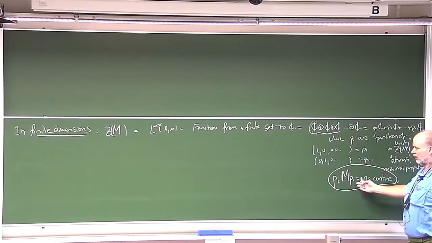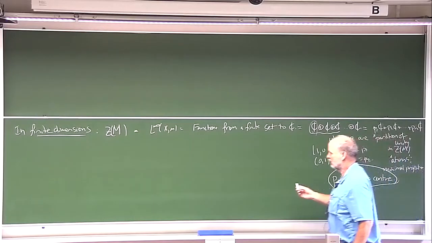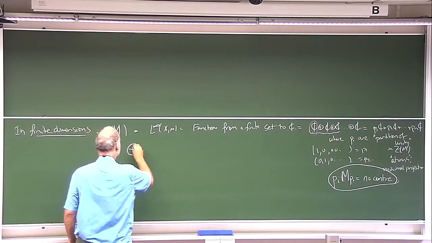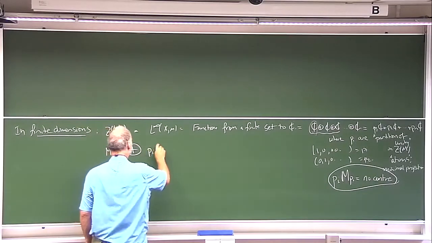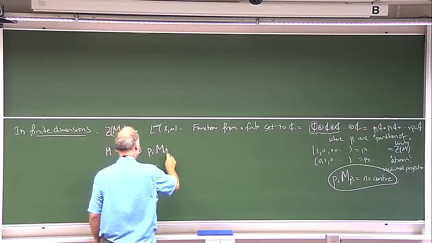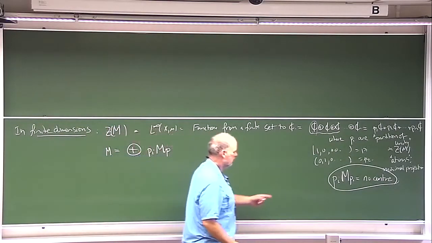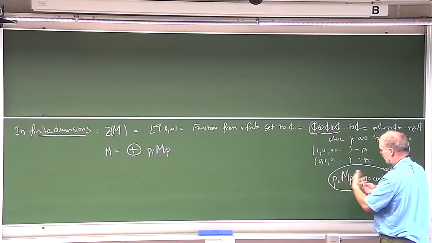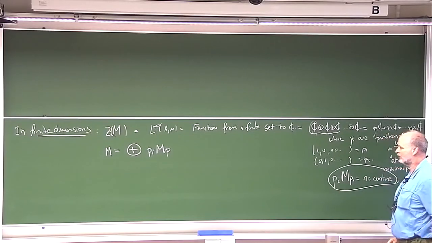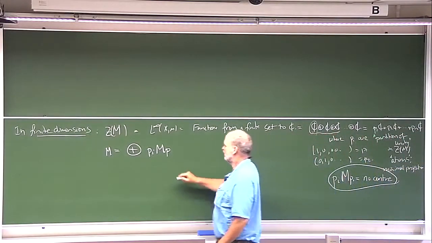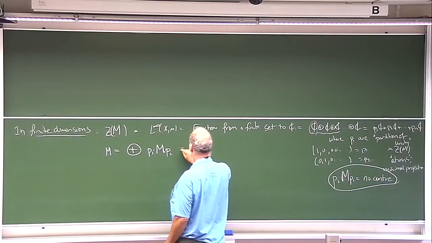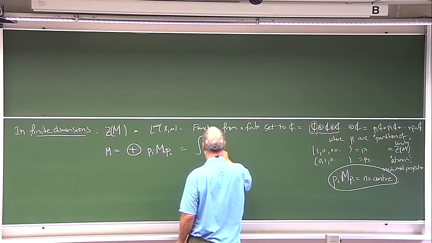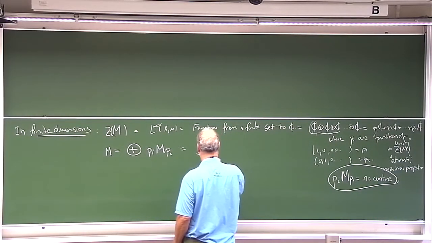Okay, so the conclusion, since the Pi are in the center, we find that M is equal to the direct sum of Pi M. Since the Pi commute with anything, I can put that on the left or the right, either side, or both sides. Okay. So this is the direct integral over a set consisting of 1 up to n.